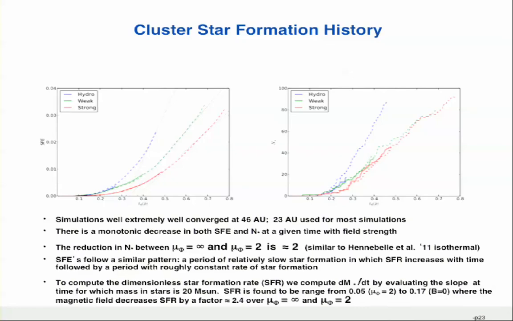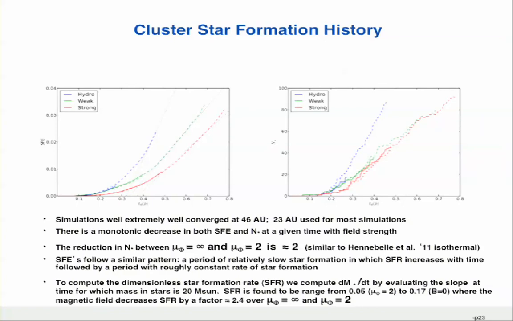Now, we can study the cluster star formation history here. I won't bore you with the details, but we've done very rigorous convergence studies, and we've determined that at 46 AU you are highly converged in this problem, but most of the simulations I'll analyze are at 23 AU. Here I'm looking at the star formation efficiency, and here at the number of stars formed.